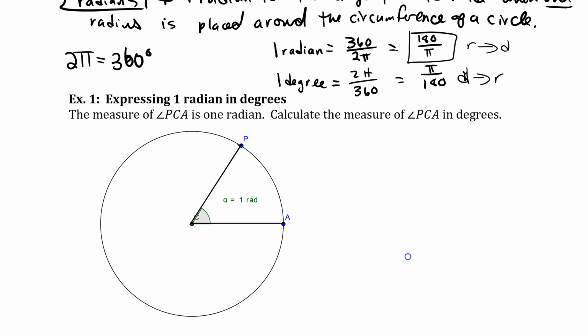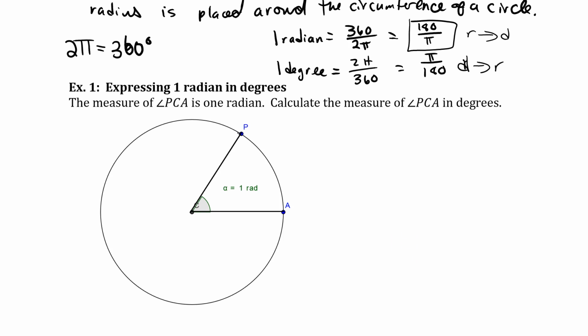So let's just apply what we know here. Example number 1, expressing 1 radian in degrees. The measure of angle PCA is 1 radian. So that means that if we measure out that 1 radian and place it around the circumference, that is the angle that is made. So calculate the measure of angle PCA in degrees. I'm going to do it the long way first.